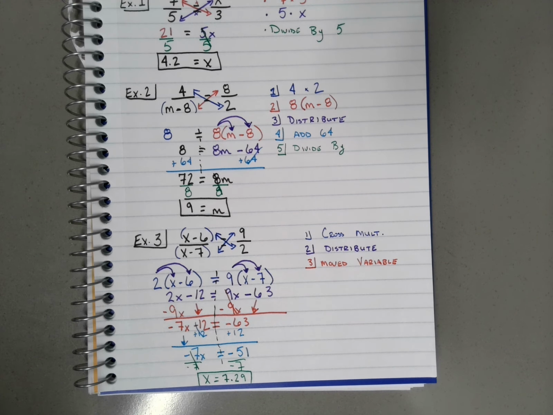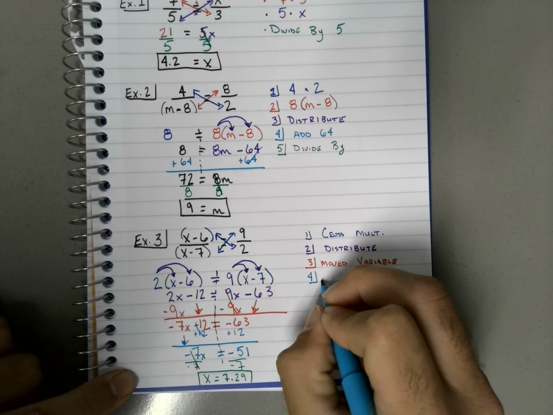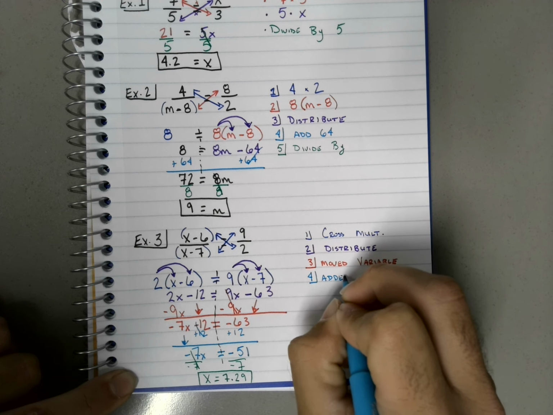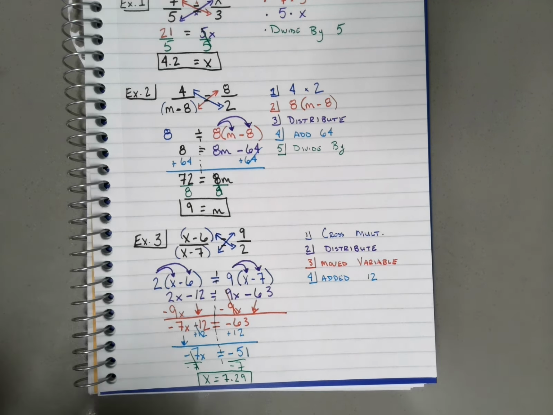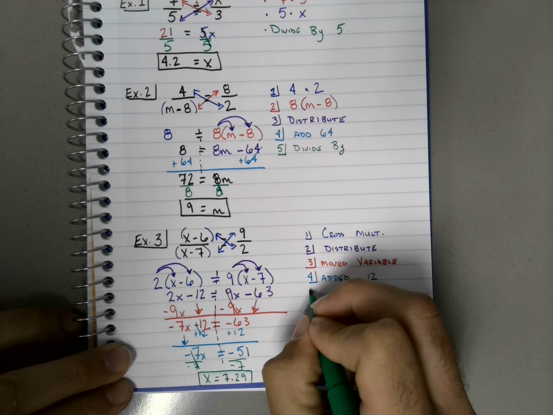All right, and after that, we added 12. Okay, and my very last step was to divide by 7, negative 7, I'm sorry.